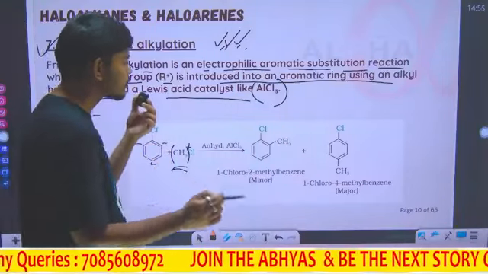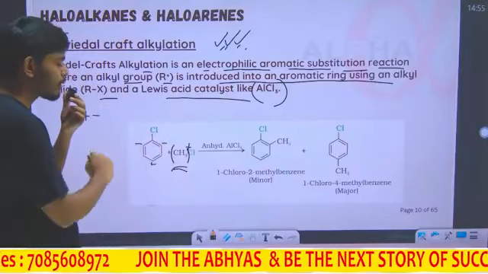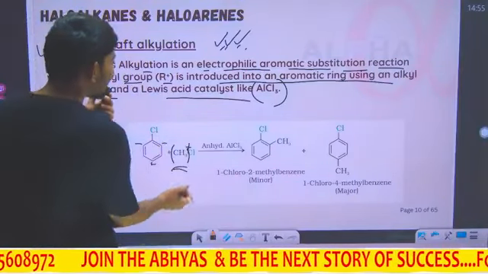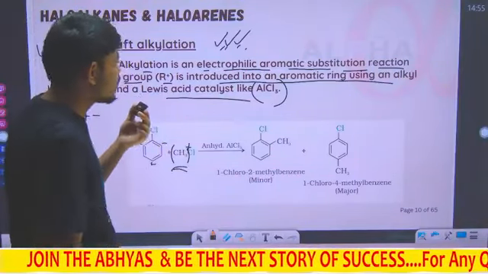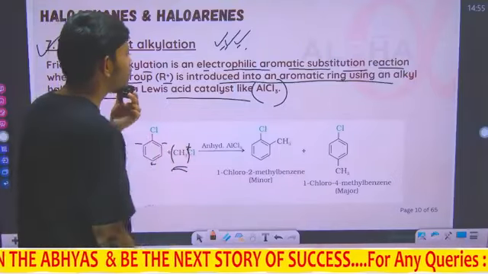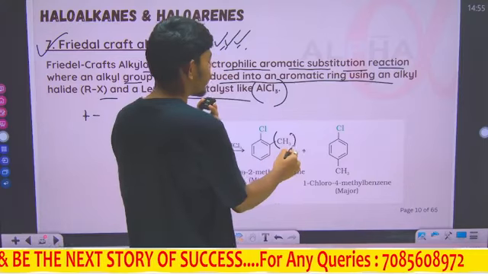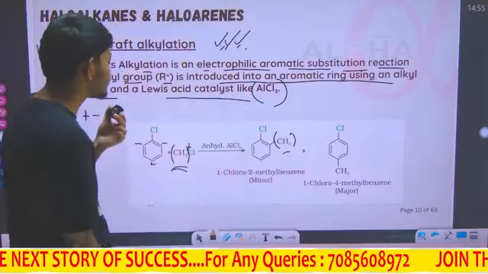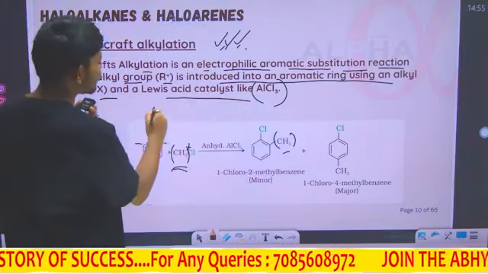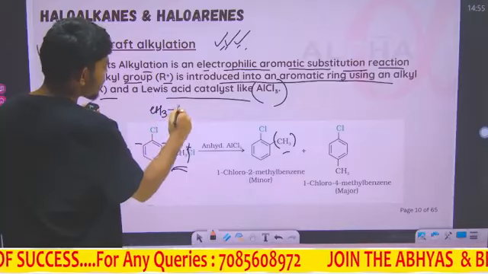This is your ortho position, this is your meta position, this is your para position. When the electrophile comes, hydrogen will be replaced, that is your substitution. In case this is your CH3Cl, suppose, what will be the electrophile in this case?